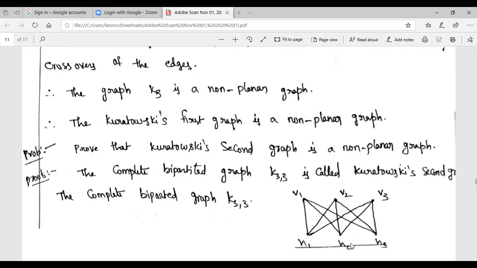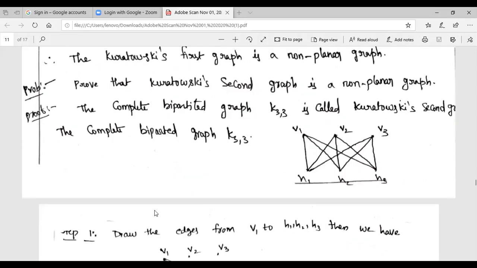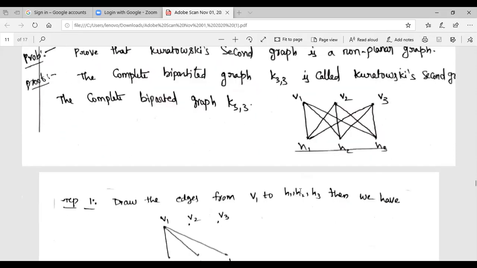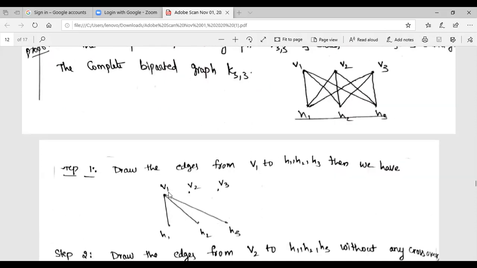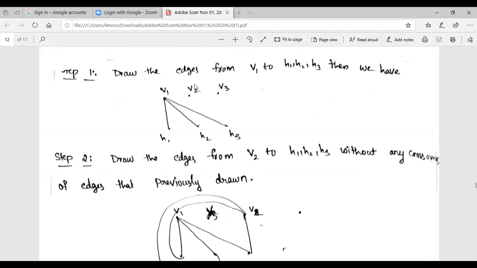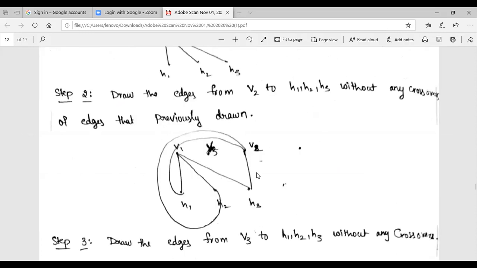So now we have to check whether this graph is planar or non-planar. In the first step, draw the edges from V1 to H1, H2, H3. Then we get the graph. So the vertices are V1, V2, V3, H1, H2, H3. In the second step, we draw the edges from V2 to H1, H2, H3. So V2 to H1, V2 to H2 and V2 to H3.